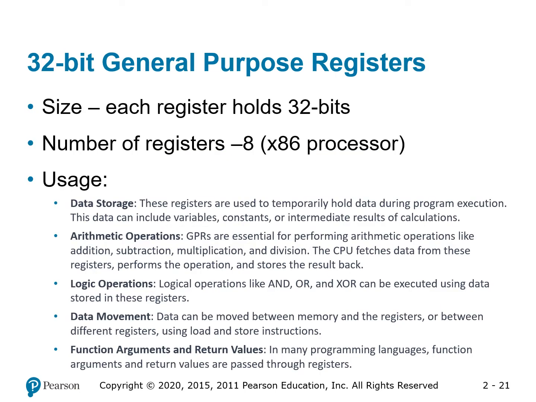Each register holds 32 bits. And we have 8 general purpose registers that we're going to be using. And then this here just describes all the different functions that we can use the registers for.